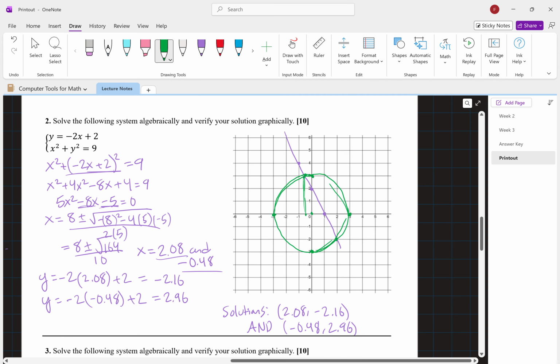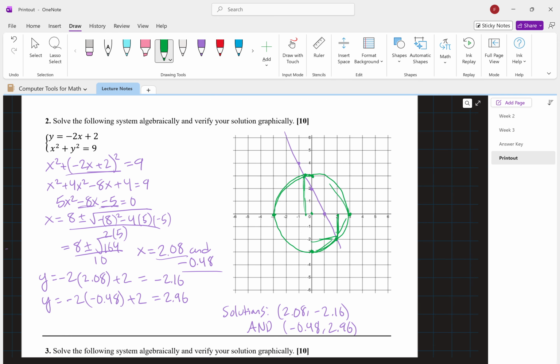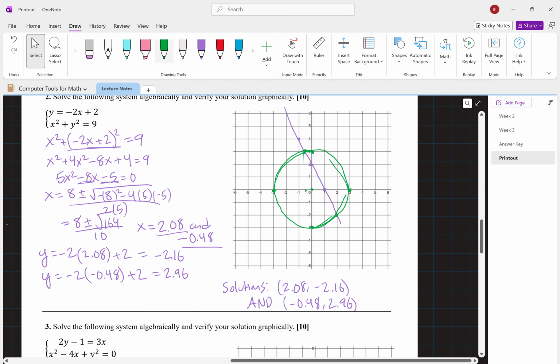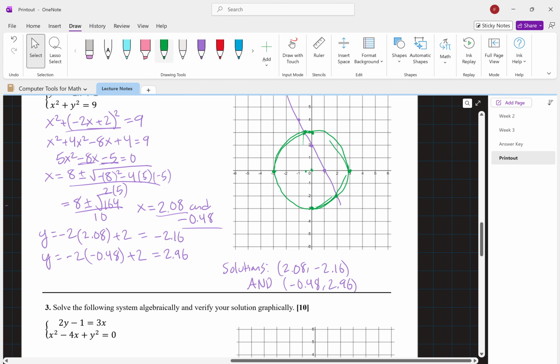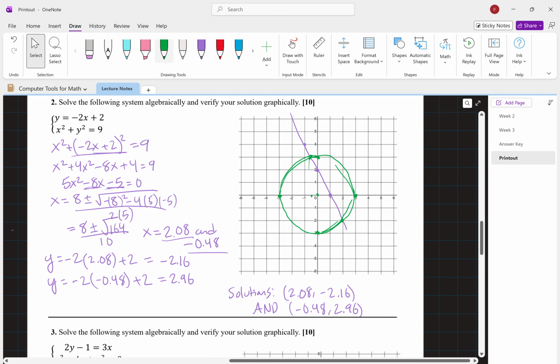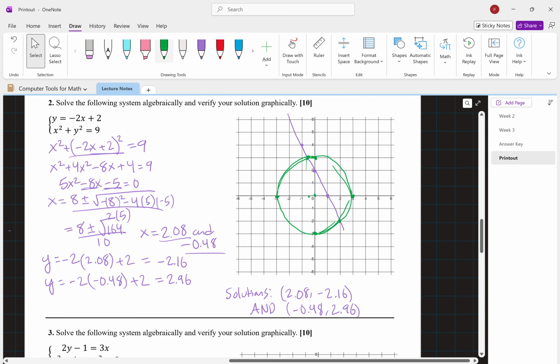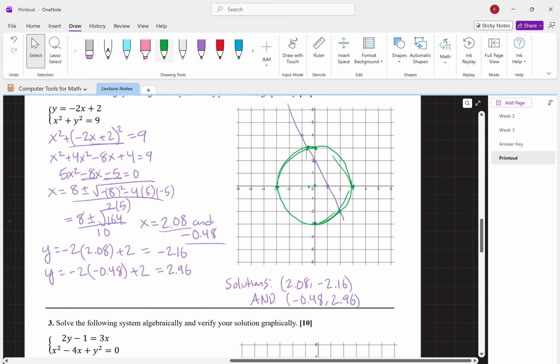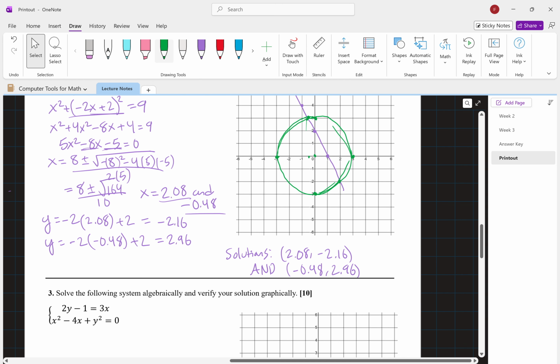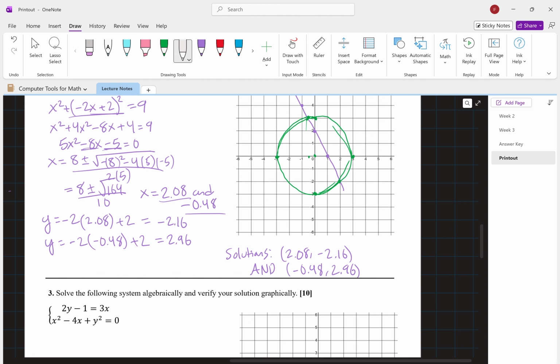And we have another intercept at 2-ish and negative 2-ish, which will get us our 2.08 and negative 2.16. So our drawings don't have to be perfect. They don't have to intercept at precisely 2.08 and negative 2.16, because that's very difficult to do by hand. But we can see here, just by sketching it out, that our solutions are accurate and verified by our graphing.